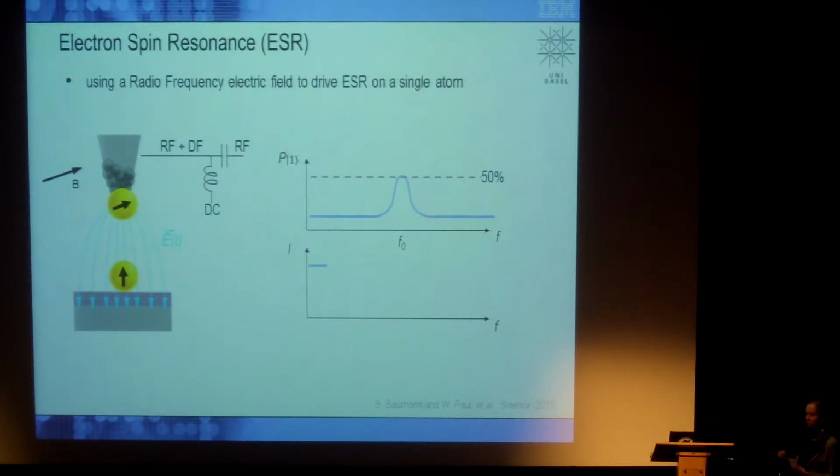And that happens at a certain center frequency, the resonance frequency. Now, we can't read out the population of the state, but we can read out current and translate this into the population.